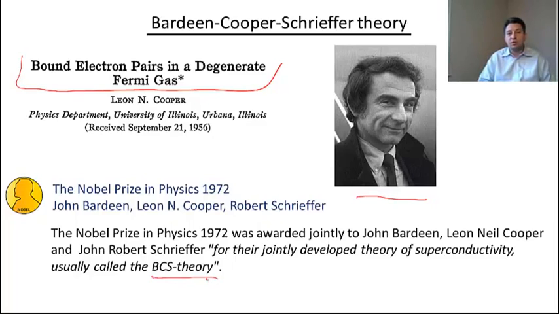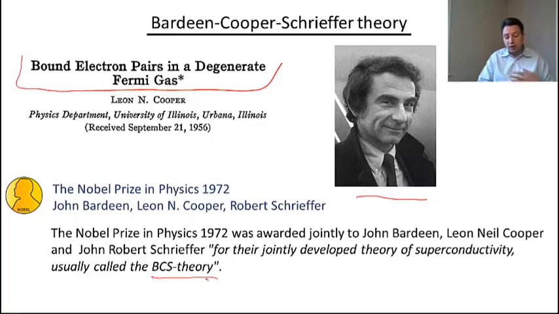And frankly, there is nothing better on the market in some sense. It describes very well most conventional superconductors, and it provides some understanding also of the physics of unconventional superconductors, such as the high temperature superconductors, although there the understanding is not complete.